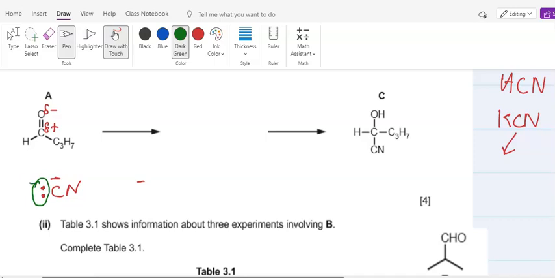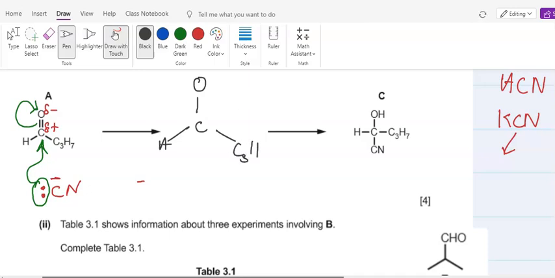So this pair of electrons makes a bond with this carbon, and this bond shifts as a pair of electrons on oxygen. So now make the structure: C3H7, CH, O, and the charge on oxygen becomes a complete negative charge.